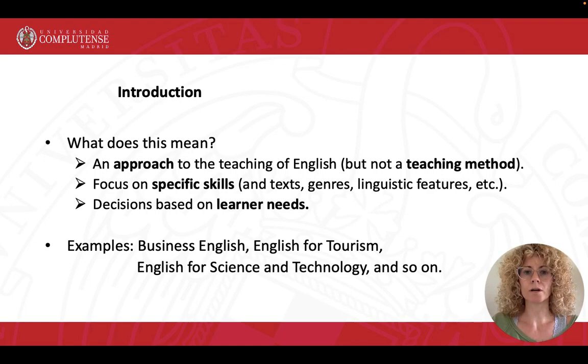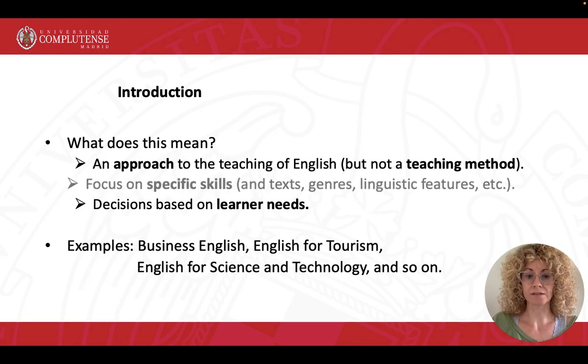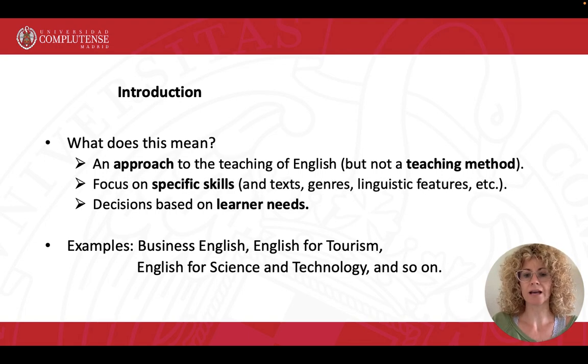That means that when we are teaching ESP, we can use different teaching methods according to the objectives that we want to obtain. These objectives are focusing on specific skills, that is, specific texts, genres, or linguistic features, such as specific grammar and vocabulary that our students, our target population, need to be able to carry out their professional duties.